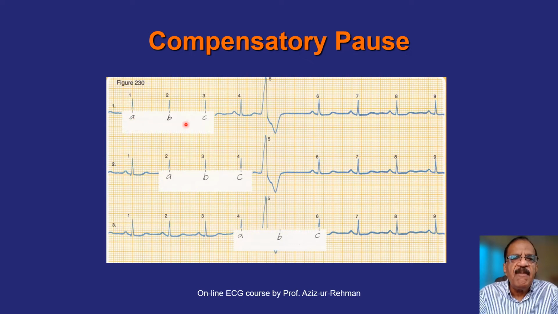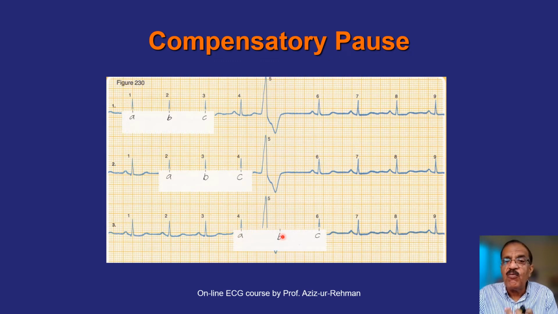Three, A, B, C. If the rhythm is regular and you move this paper one step to the right, the next complexes will again correspond with these R waves because R waves are coming at their normal intervals. Then you move a step further: this is a normal beat, this is a normal beat.